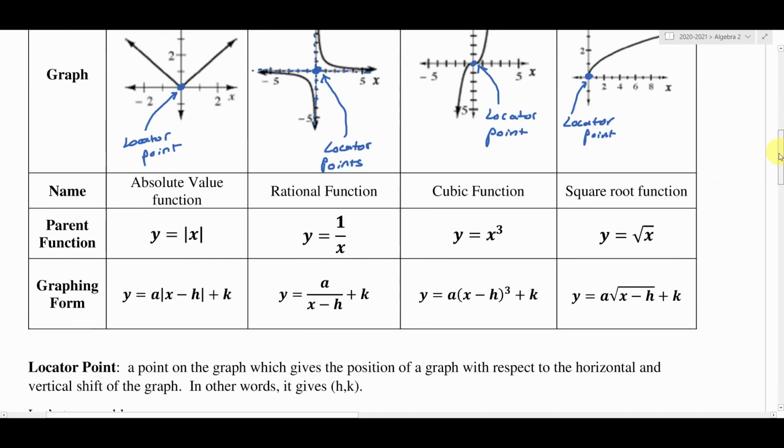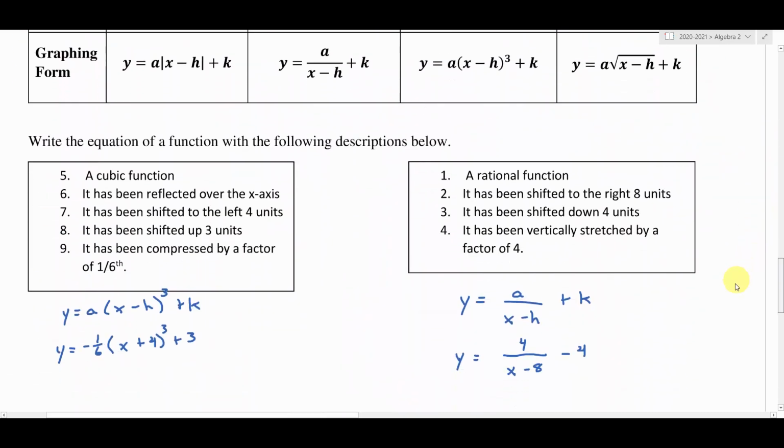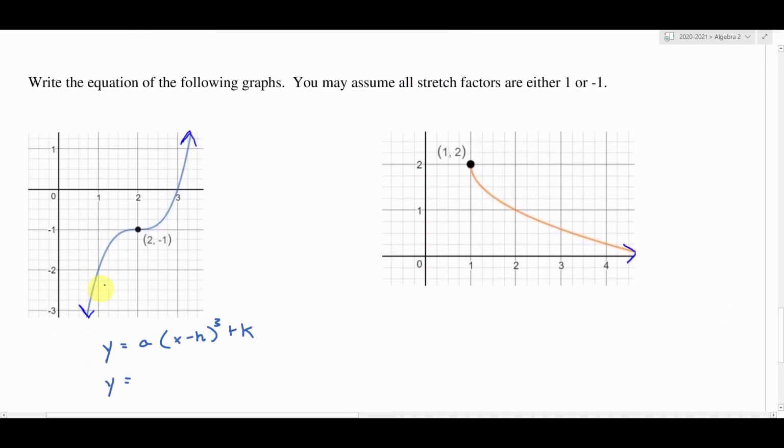All right, so I'm going to go back down here and see which direction they're going. Okay. So it's going down on the left and up on the right, which means it has not been reflected. So that means that a value is going to be a positive 1. Then I'm going to worry about my h and k values. All right, and I can get my h and k values from the locator point that they give me here. Remember, the locator point gives us the h and k values.